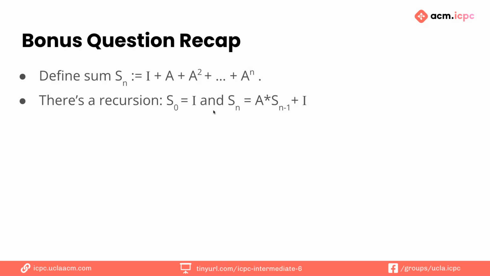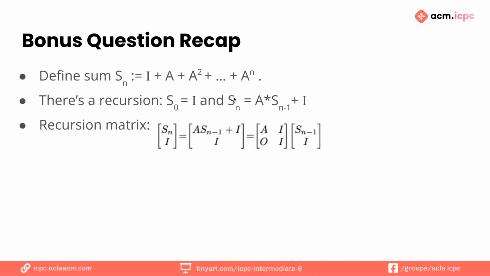We can define S0 to be 1 and Sn equals to A Sn minus 1 plus I, where I is the identity matrix. And this exactly corresponds to our sum here. You may notice that this is very similar to the previous example we had, the A fn minus 1 plus B example, except here they're all matrices instead of constants.